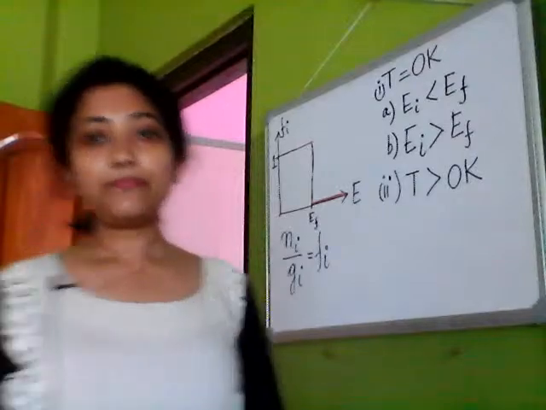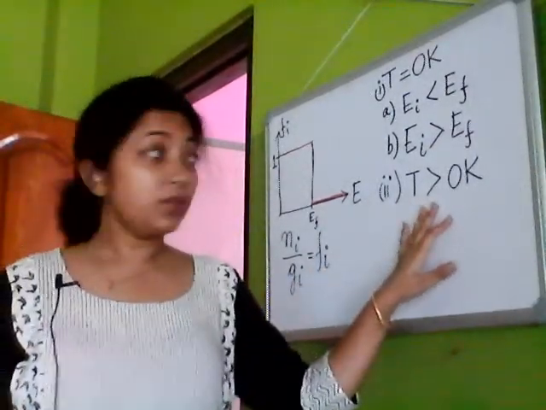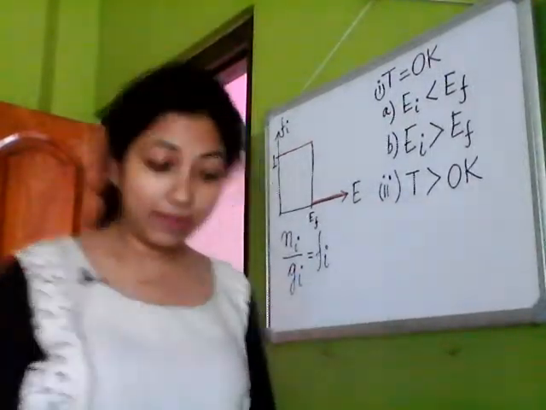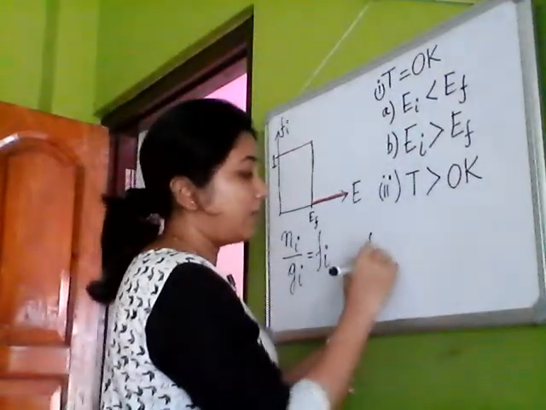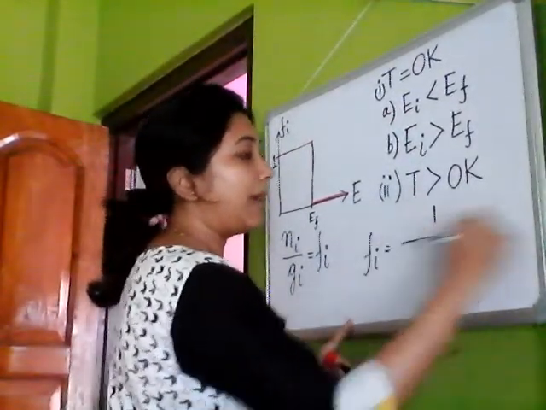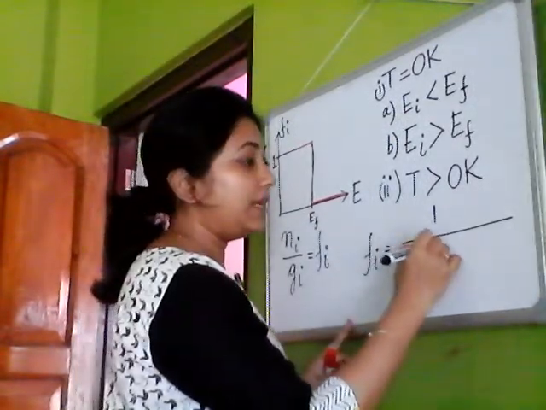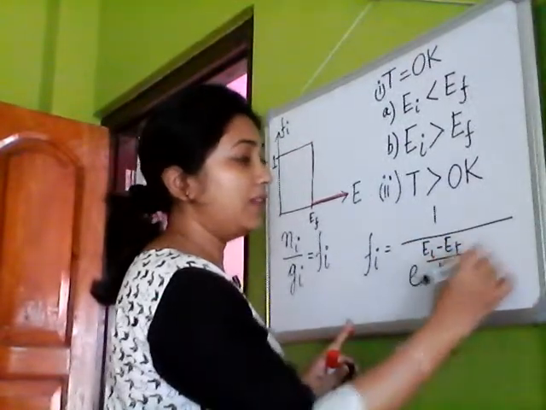Okay. So now we are considering the situation when the temperature is greater than 0 Kelvin. So what will happen? Now let us see. Again, if I write the value of the distribution, it is 1 by e to the power EI minus EF by kT plus 1.